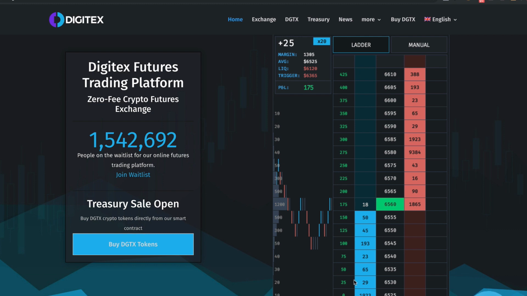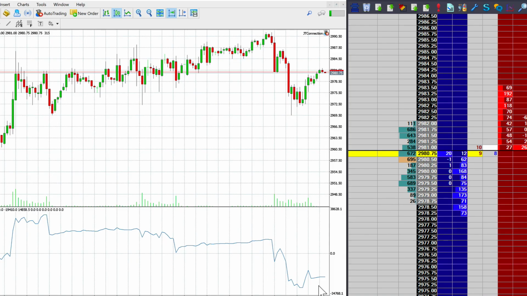Now, I just want to show you the price ladder that I use currently, just for more traditional futures trading, not in the crypto space. So this is a couple of different tools. This is Jigsaw. This thing on the right, this ladder.